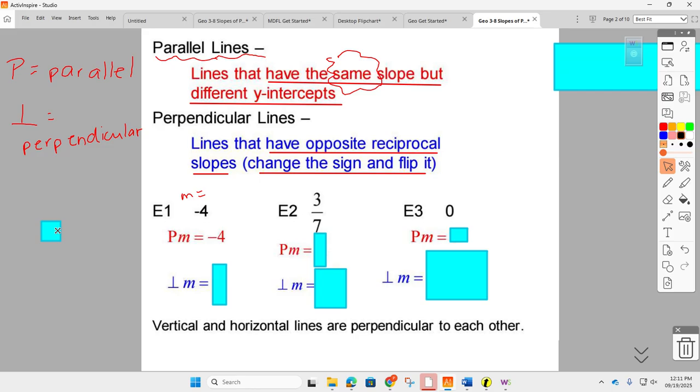Specifically, you'll see that definition for parallel lines: the same slope, but different y-intercepts. So they're going to cross the coordinate plane at different points. If you look at this coordinate plane here, I actually did it for a different class, but this line has a y-intercept of 30 on the y-axis.